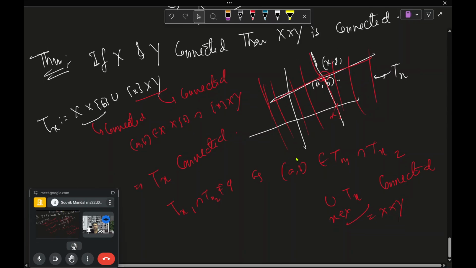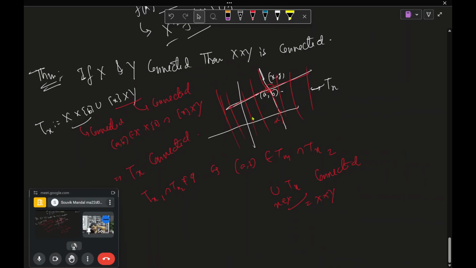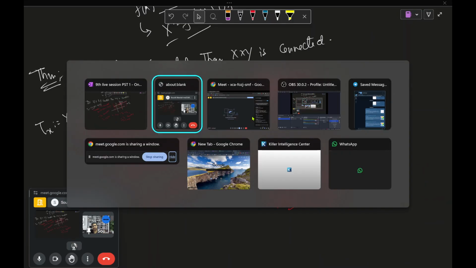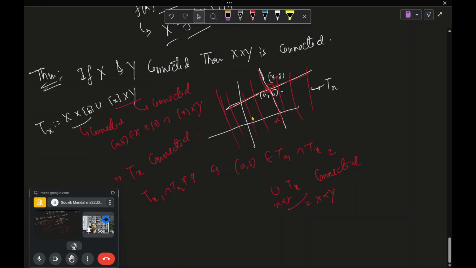So this is the argument. Let me repeat it. We have X and Y, both connected.